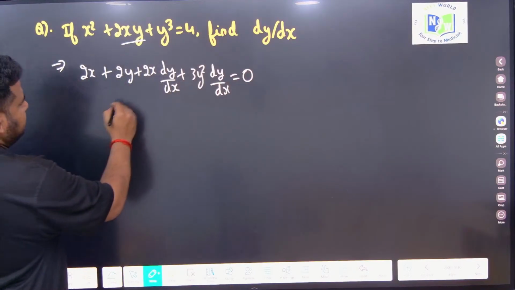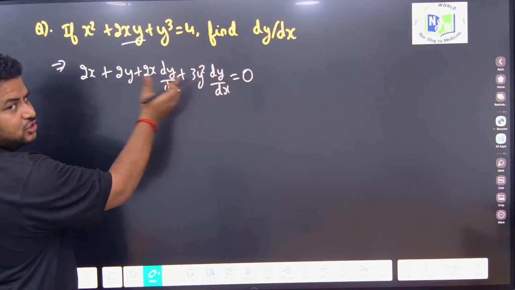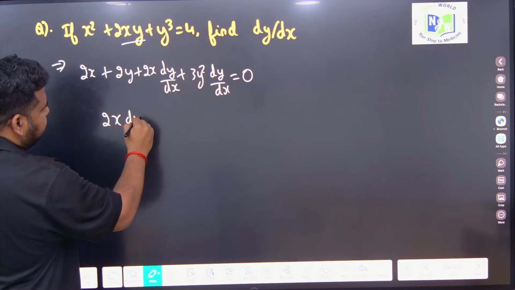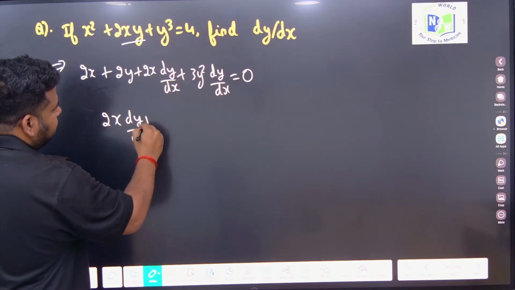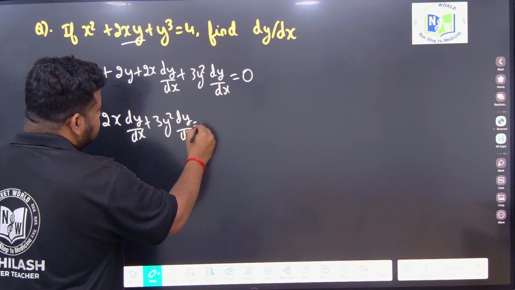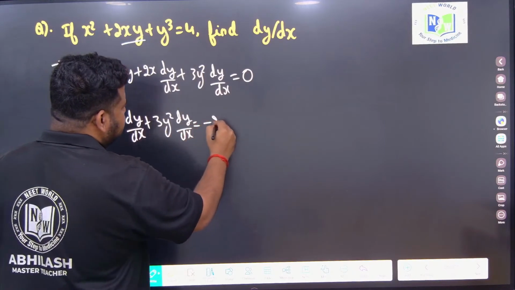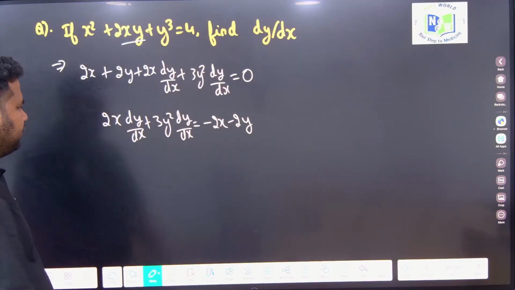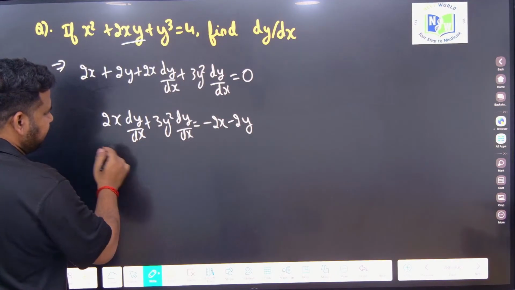Next, take all the terms which do not have dy by dx to the RHS. So 2x into dy by dx plus 3y square into dy by dx is equal to minus 2x minus 2y. Now let us take dy by dx common.